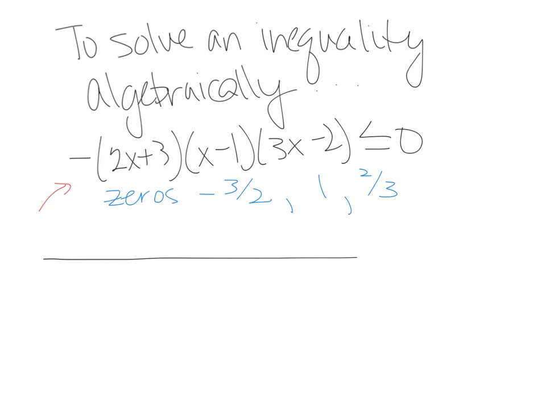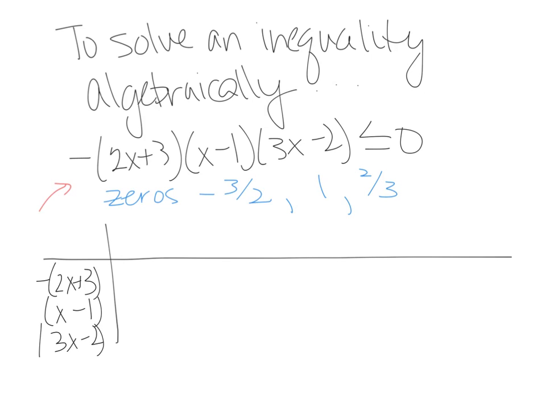Then I'd like to set up the interval table. So I'm going to draw a straight line, and in the leftmost column I'm going to put the factors. This minus sign right here, I'm going to include it with this factor while I'm doing my testing. So I'm just writing down each factor in the leftmost column.